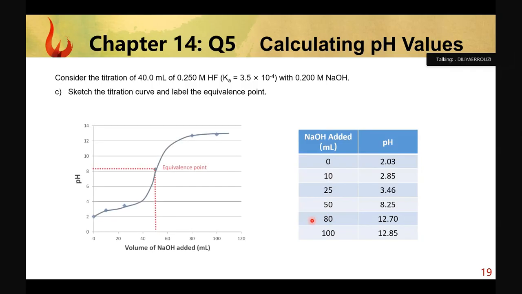So we can get our graph. The pH is slowly rising. Then we label the equivalence point, which is pH equals 8.25, when we add 50 ml.